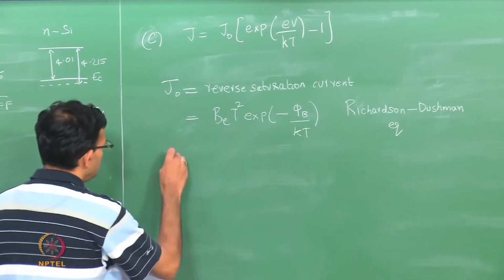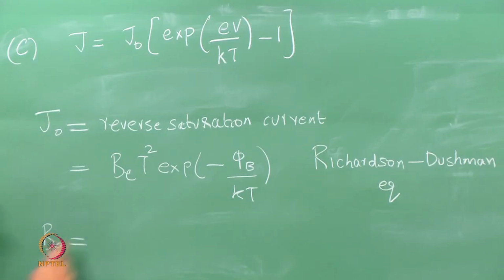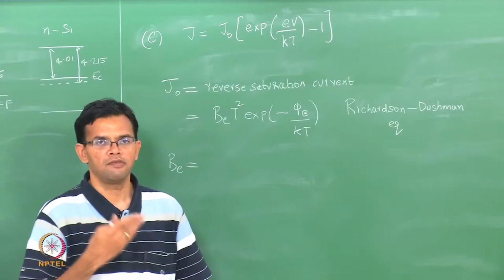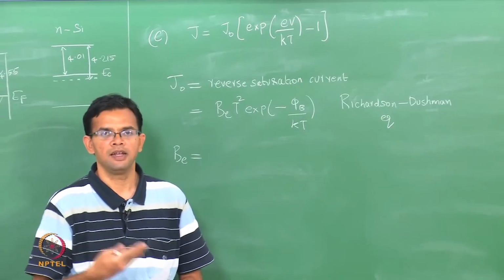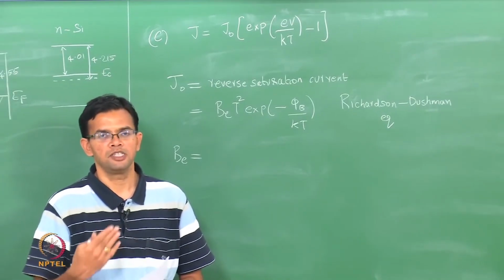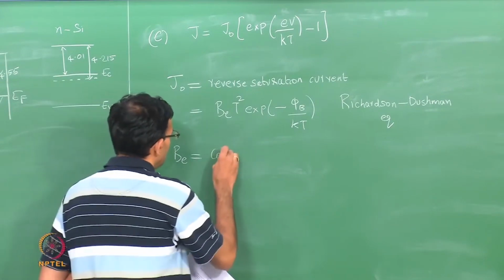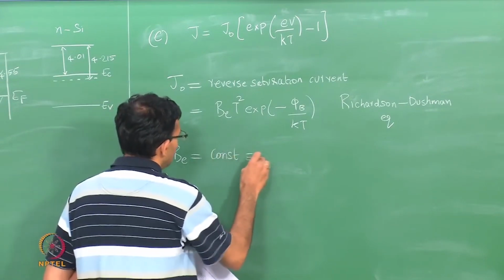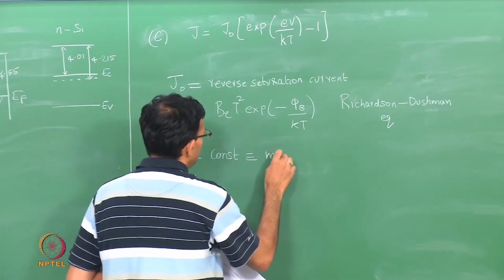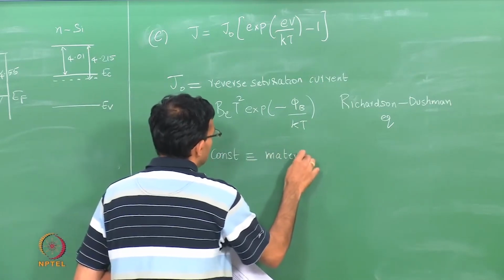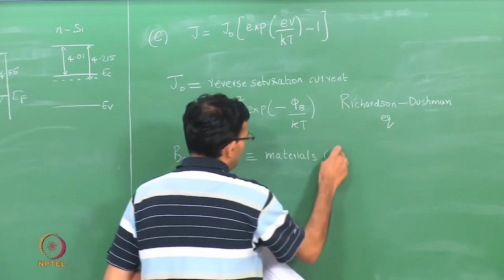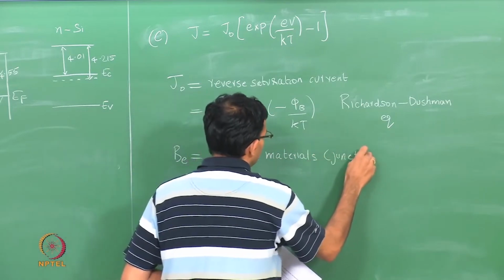So, Be is usually a material constant, it is a property of the interface. So, whether you have tungsten and silicon or platinum and silicon, platinum and germanium, the value of Be will change. So, Be is a constant that depends upon the materials, which is basically a property of the junction.